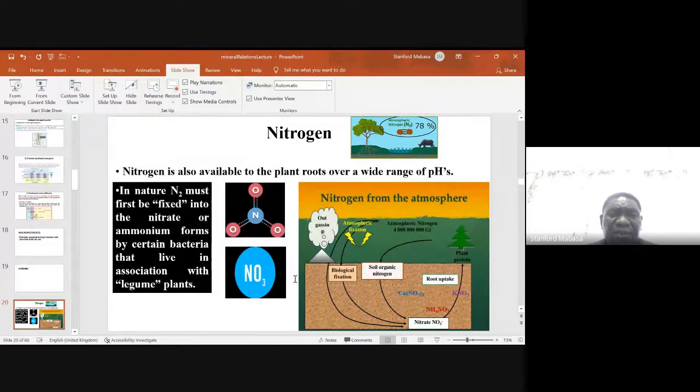Now, in the environment, nitrogen can be converted to nitrates or ammonium forms using bacteria, which could be in association with the leguminous plants. You could have heard about nitrogen fixation by legumes. They convert atmospheric nitrogen into nitrates, which become then available to the plants.